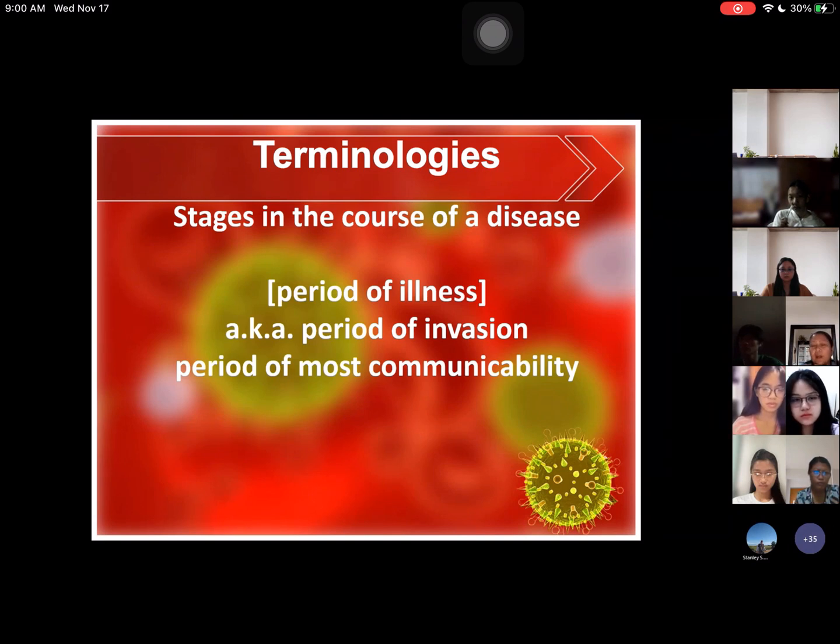Okay. So this is the period of illness. You know that there's something wrong now, and you may confirm to yourself that you have already been infected with a microorganism or a pathogen. This is the period where you can easily transmit the pathogen from one person to another. Okay, and this would be the third.